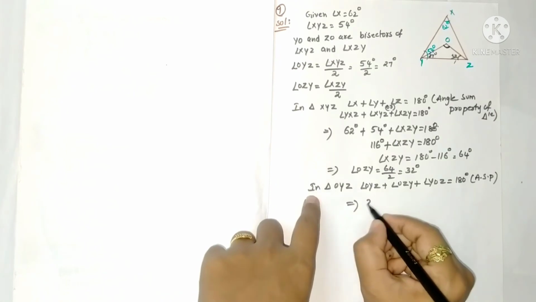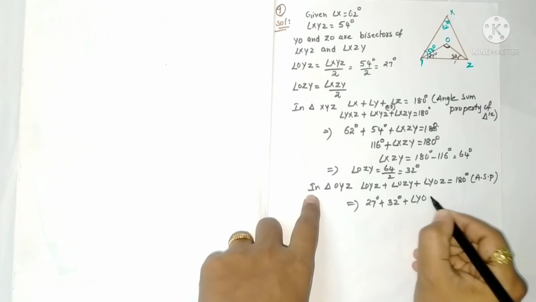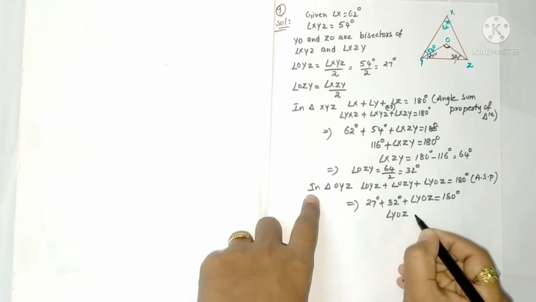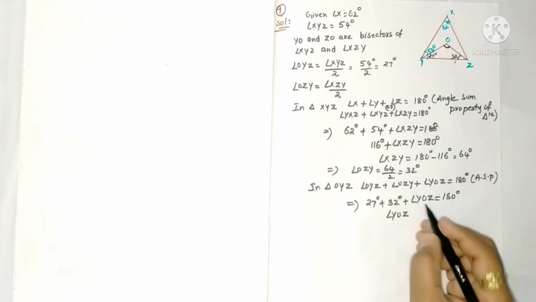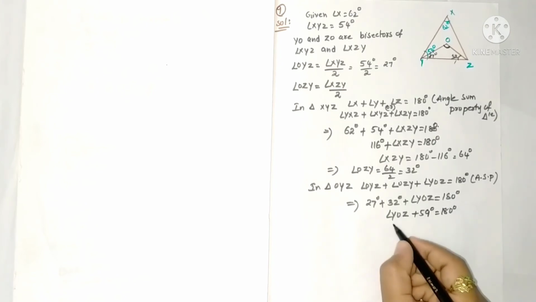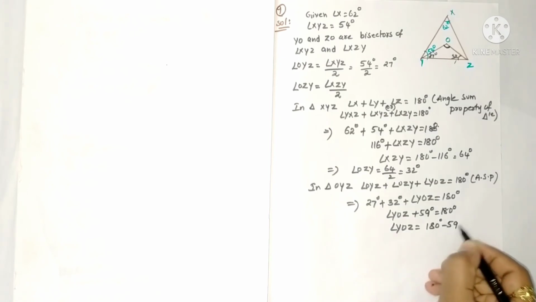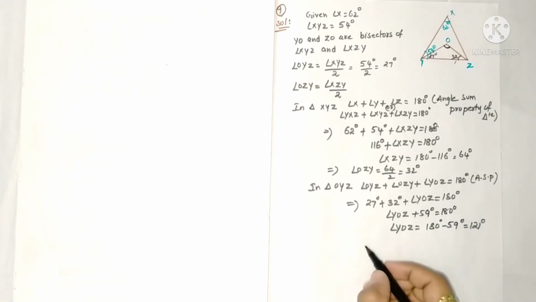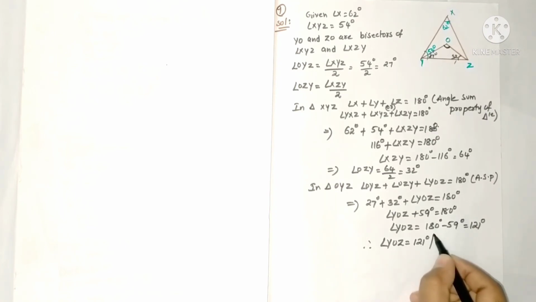So OYZ 27 plus OZY 32 plus we want to find out this YOZ. After adding these two, we get 32 plus 27, 59 degrees, is equal to 180. So angle YOZ is equal to 180 minus 59. So it is 121 degrees. Therefore angle YOZ equals 121 degrees.